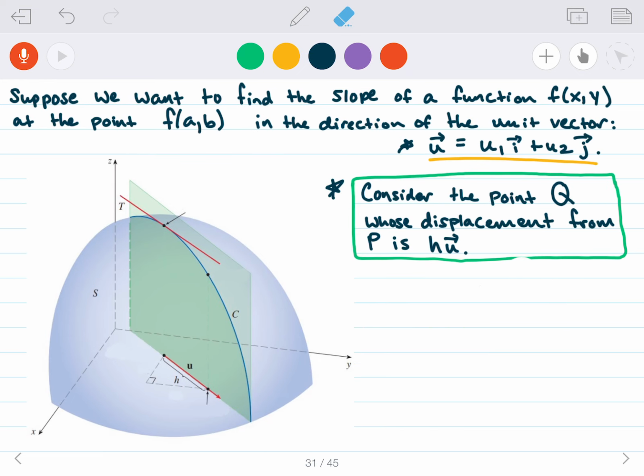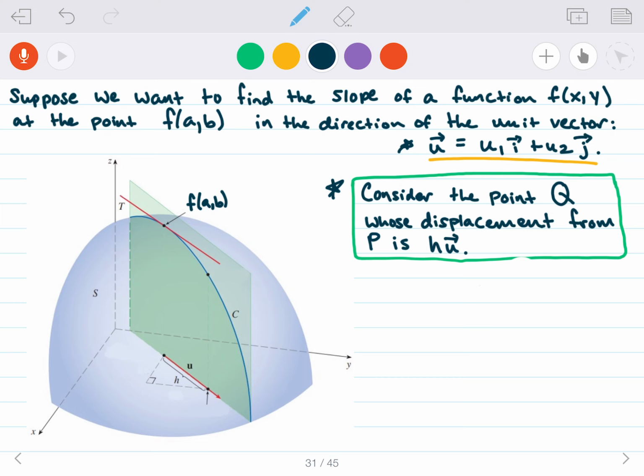Okay, so let's try to build our definition for a directional derivative with a picture. The idea is that we're trying to find the slope of a function, in particular a surface, at the point (a, b, f(a,b)). That's what a directional derivative is. It's just the slope of a tangent line to a surface at some point.